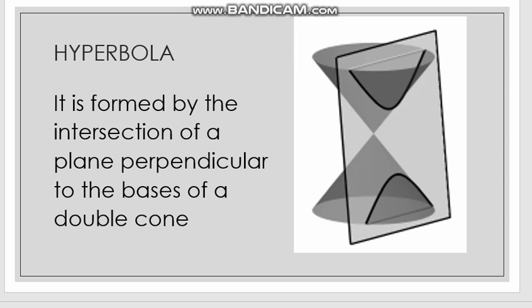Okay, so what is a hyperbola? Most of the students have a misconception that a hyperbola is just two parabolas, that the upper part is a parabola and the lower part is also a parabola, which is not true.